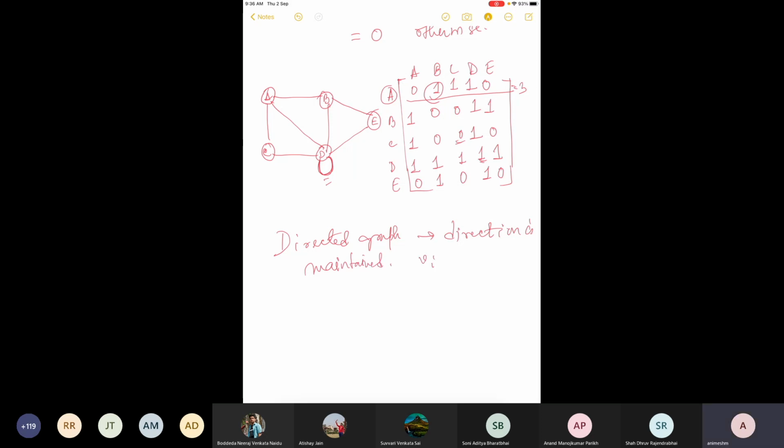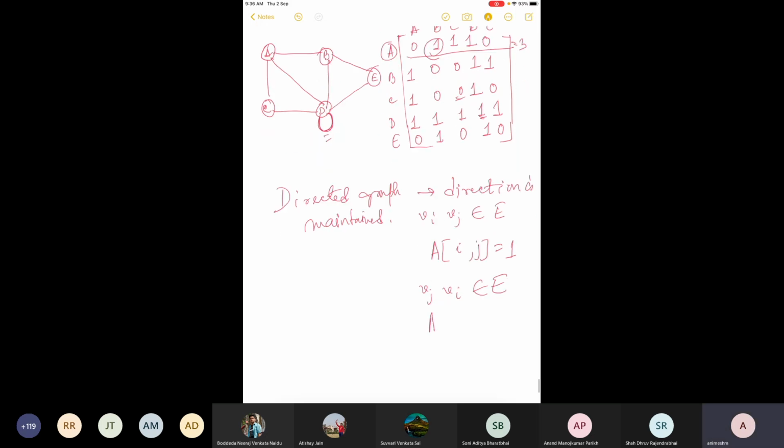So if Vi, Vj is in E, then the entry Aij equals 1, and if Vj, Vi is also in E, then Aji is also 1.